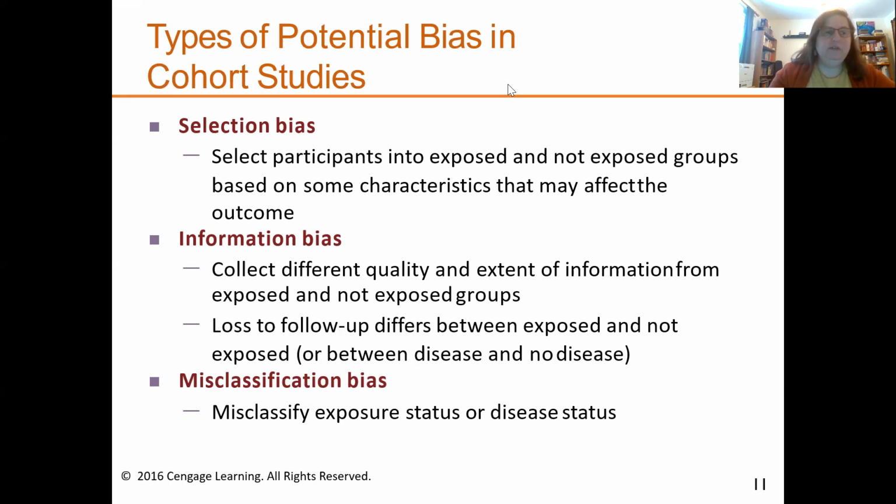Okay. And then finally, misclassification bias. You can misclassify exposure status or disease status. That can happen. It's a little bit less likely with something like smoking and coronary heart disease. But certainly, sometimes it can be a little bit less clear what you're identifying. Okay.